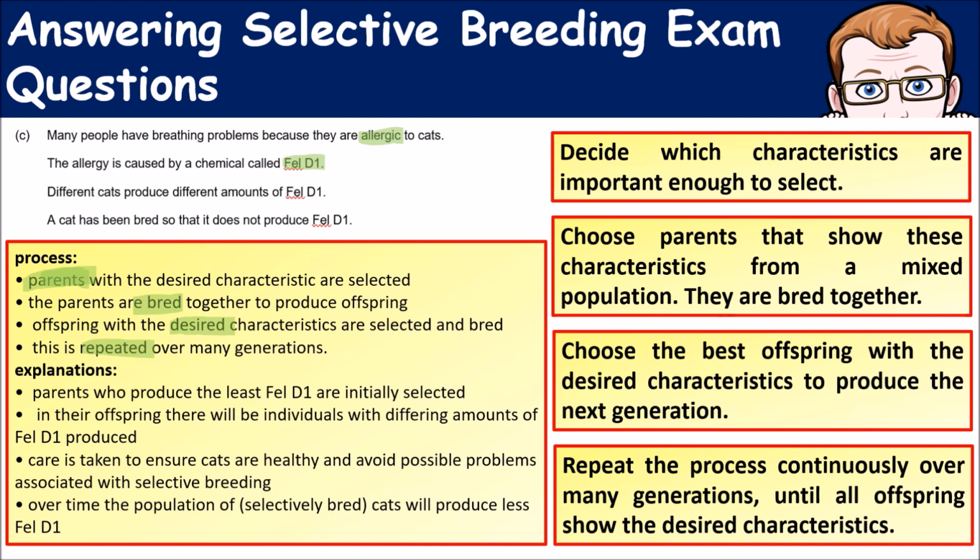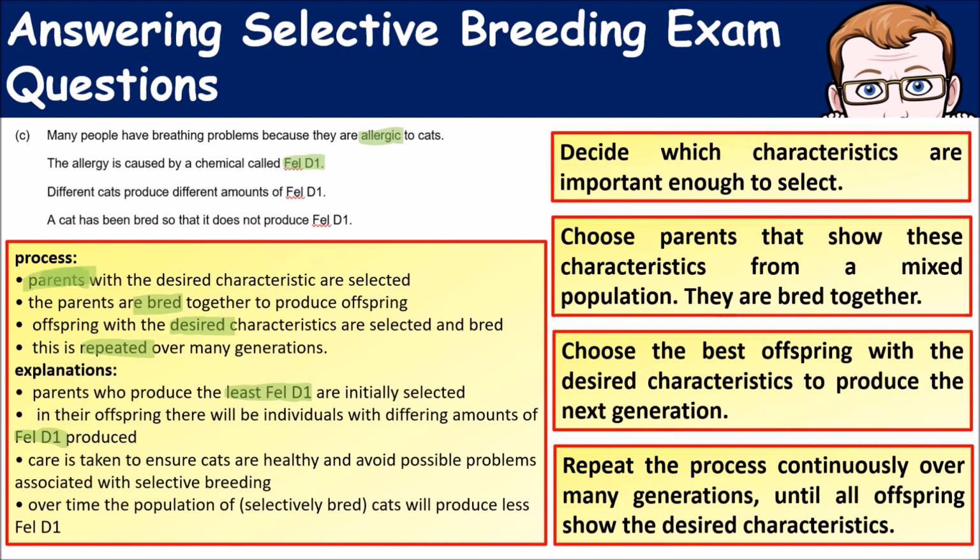If we look at the explanation for this process, parents who produce the least amount of FelD1 are initially selected. In their offspring, we then look for individuals that produce a small amount of FelD1, because there'll be a variation.